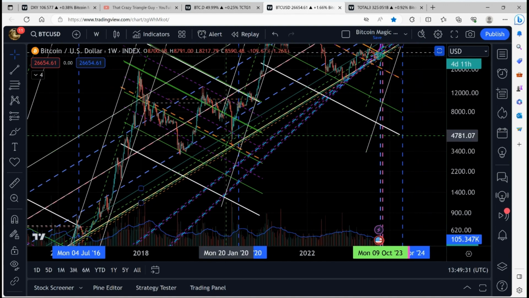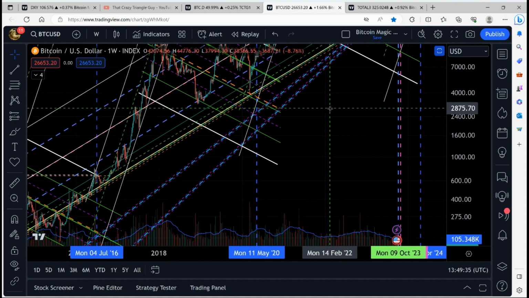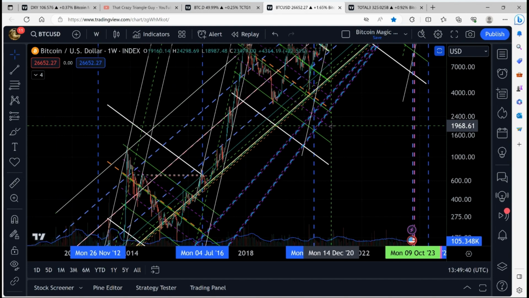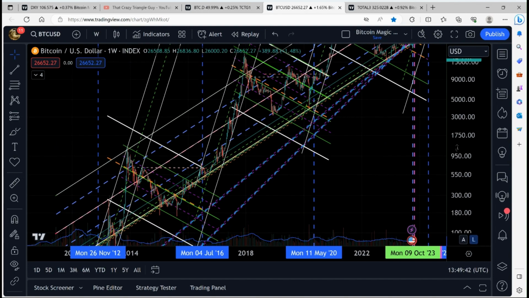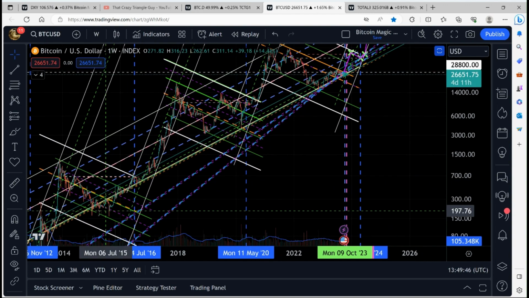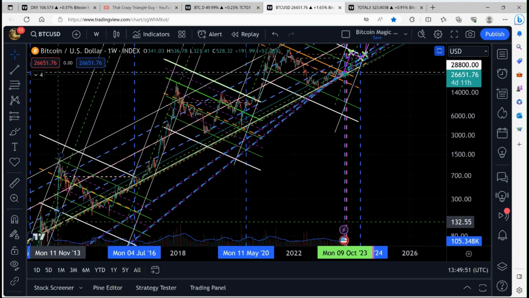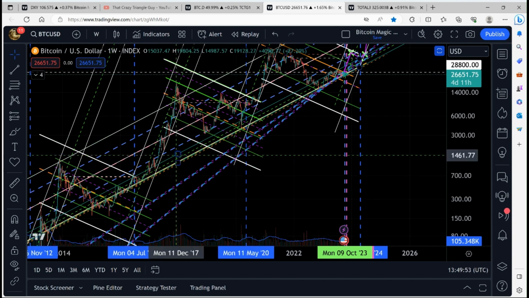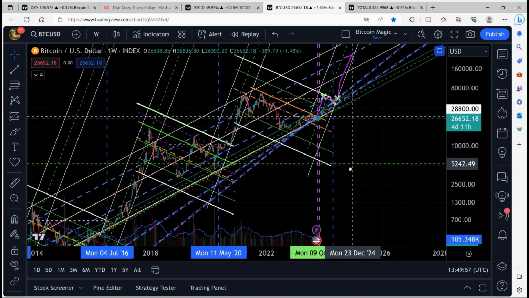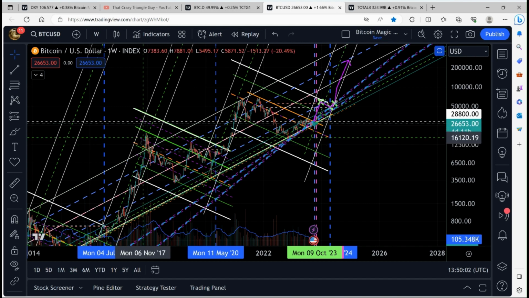It has all these points of contact and interaction with price action along the way. That's the real trend line, the major trend line that we've followed for years and years and years, since almost the inception, since back in 2013. We've been trading within this parallel channel for the most part. Really, the only time we spiked out was up here.